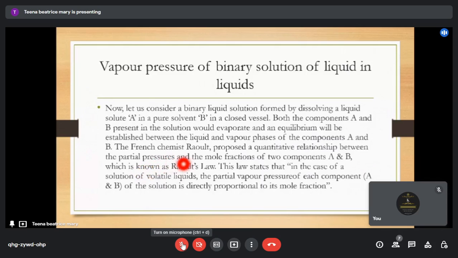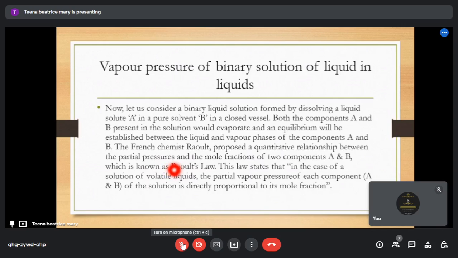So what do you mean by volatile liquids? Volatile liquids, any idea? Easily evaporate. Yes, the liquid which can get easily evaporated, that is said to be volatile liquids. So according to his law, he is taking volatile liquids, அந்த ரெண்டு componentsம் liquid form only.